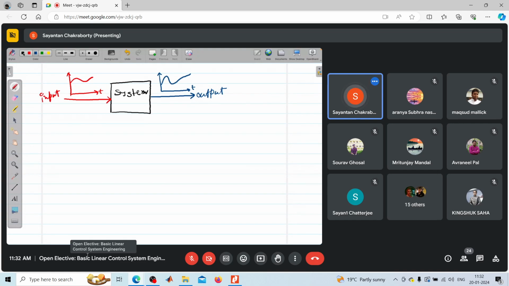On the other hand, in a discrete time system, here we have input signals.